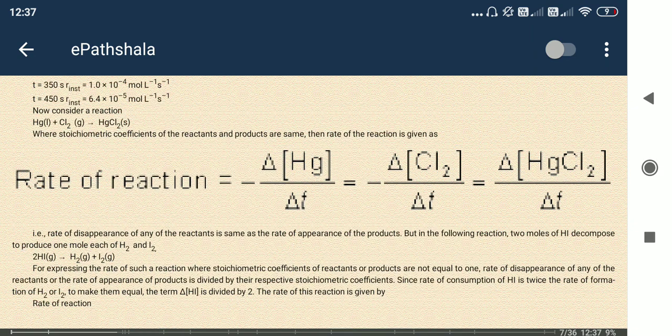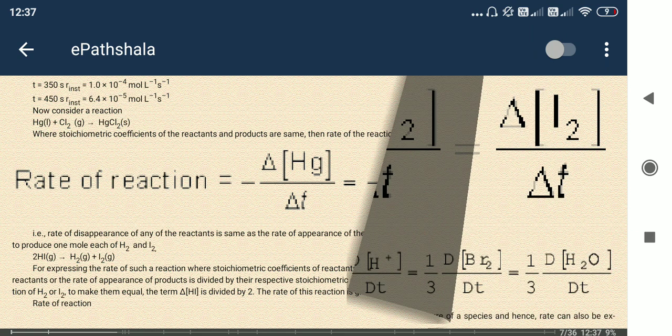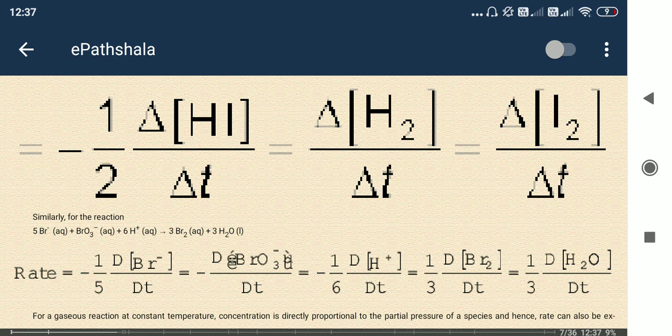See here, 2HI is converted to give 1 H2, right? So conversion of HI is more, that's why we need to have half. So half is written for delta HI by delta t.